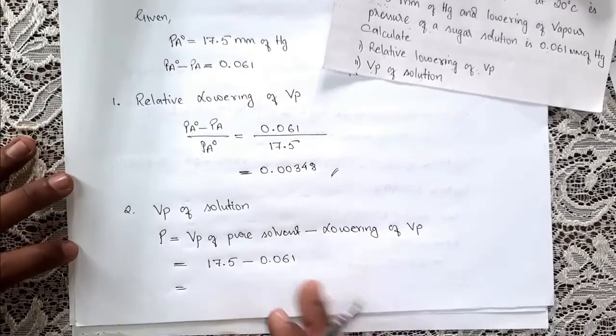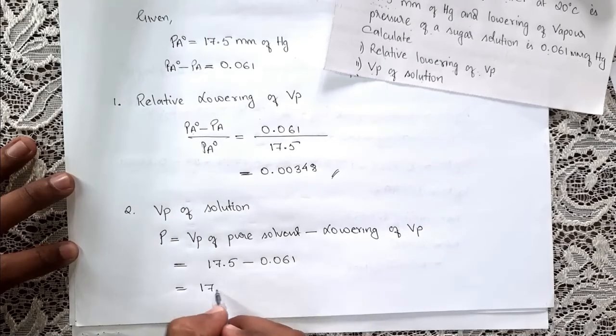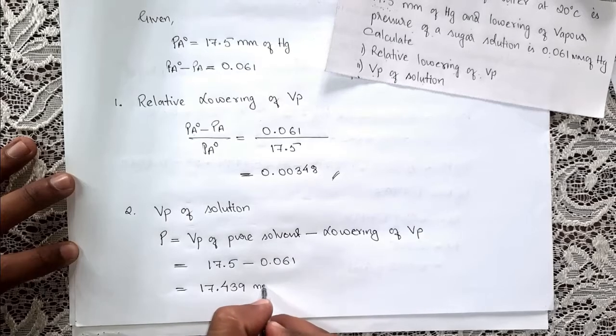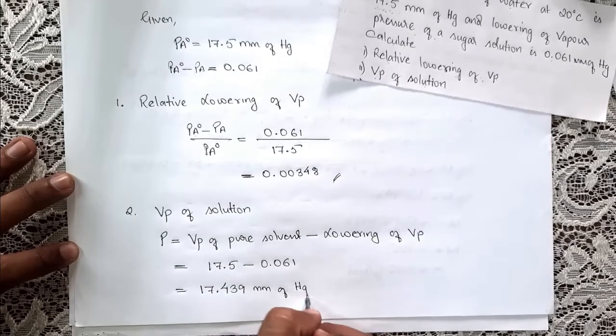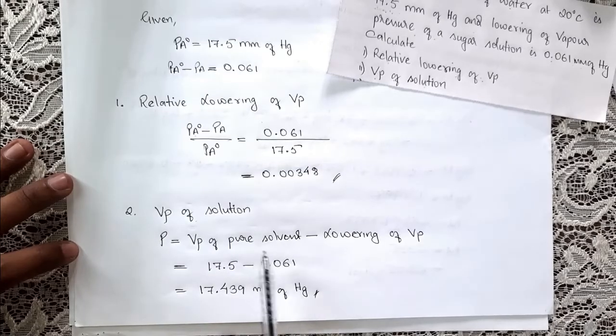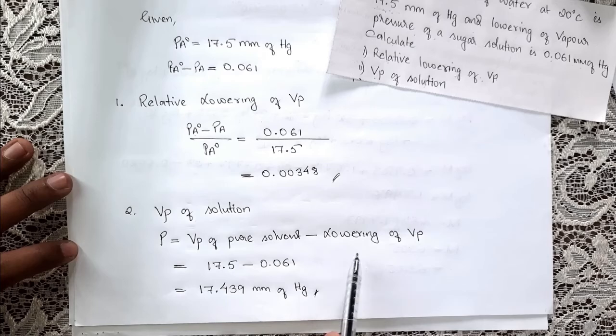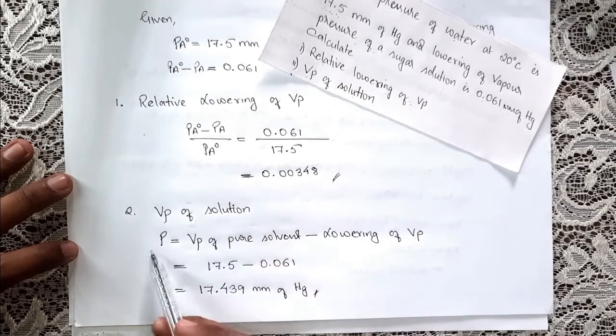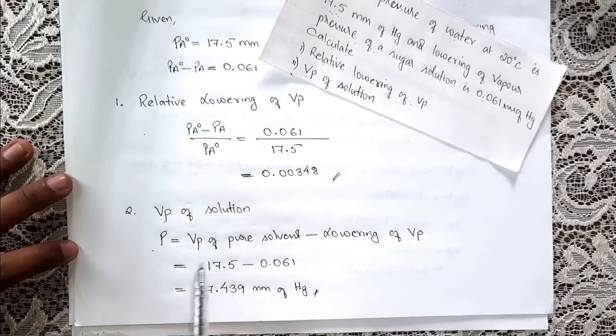If you subtract these values, you will have 17.439 mm of Hg. This is how you can calculate relative lowering of vapor pressure and vapor pressure of solution when vapor pressure of pure solvent is given as well as lowering of vapor pressure is given.